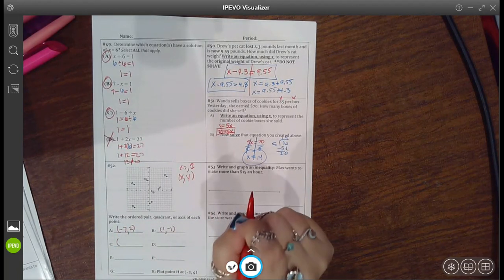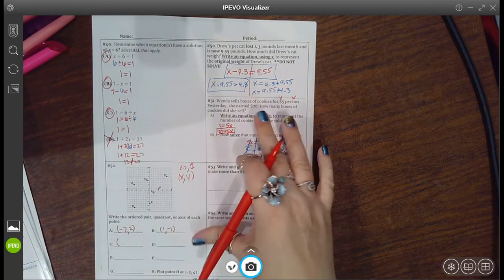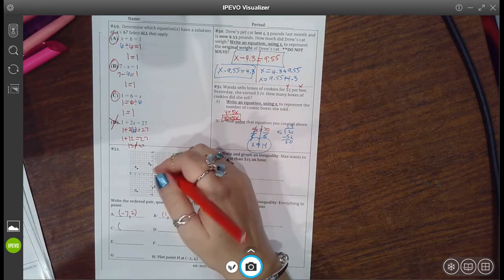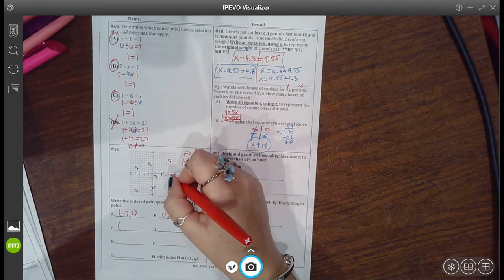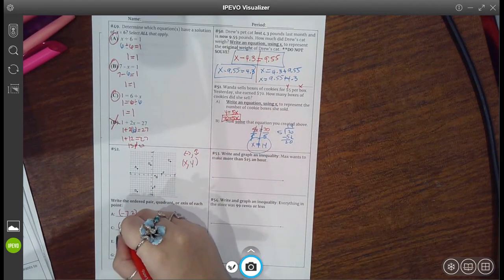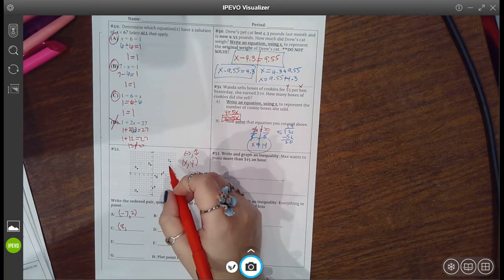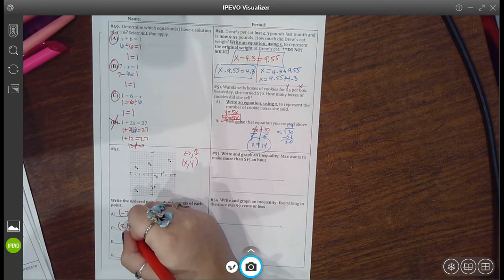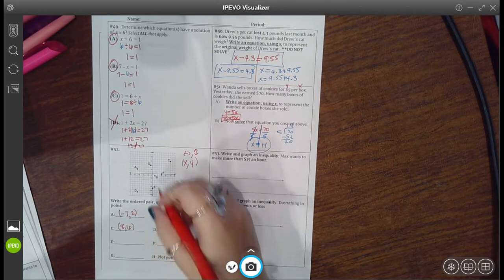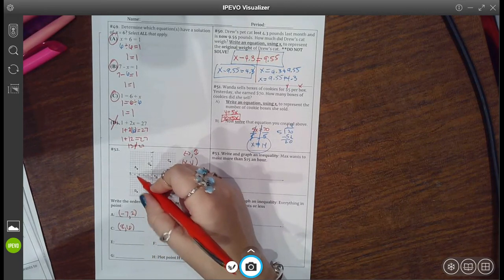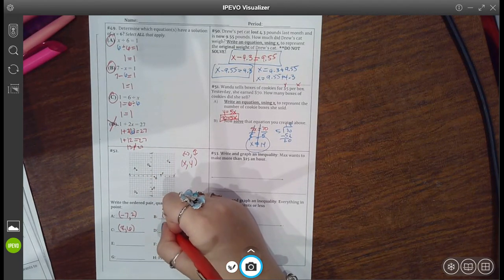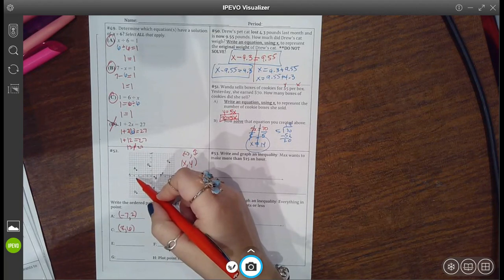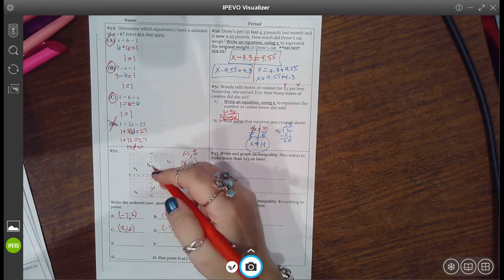Again, please pause the video, try it yourself, and then unpause it and come back. Okay, C goes to the right 8 and up 6. D goes to the left 7 and down 9.